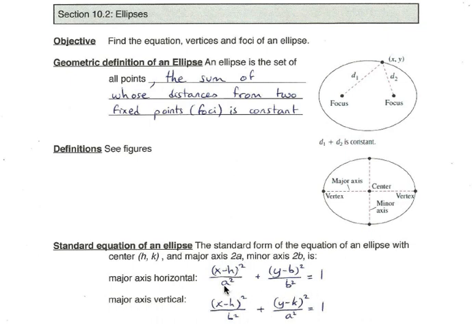Basically, A, half the major axis, is going to be with the x term if the major axis is horizontal, and it's going to be with the y term if the major axis is vertical. So in this pair of equations, it's always very important to look at the denominators and notice where the largest number is.